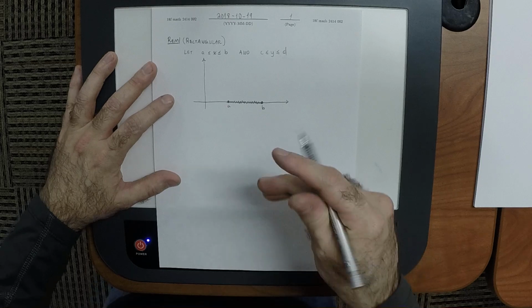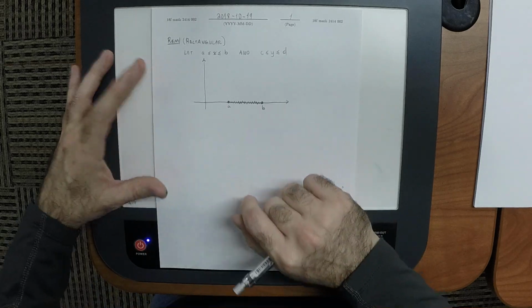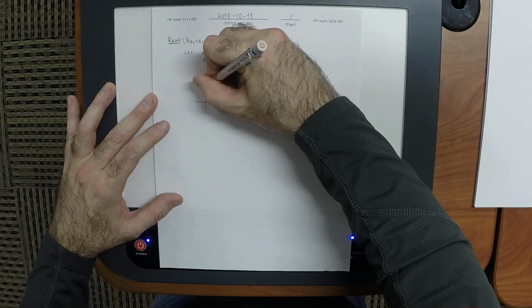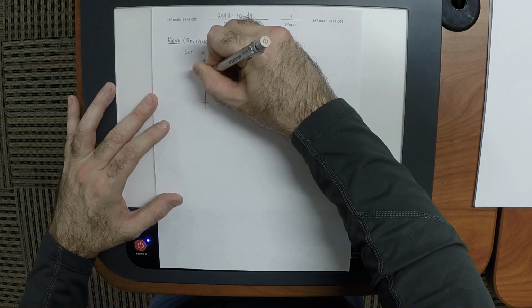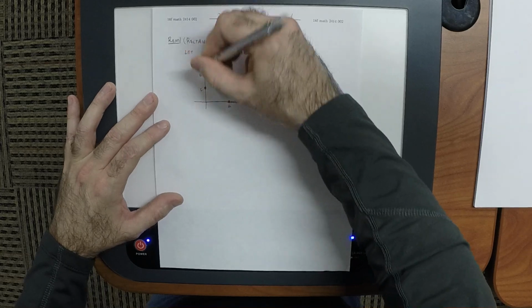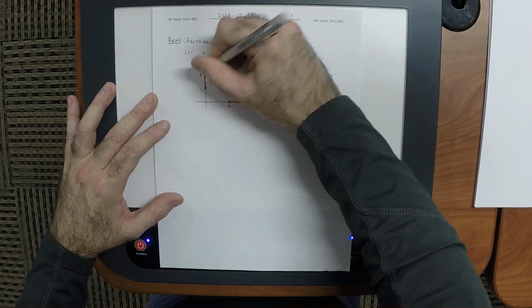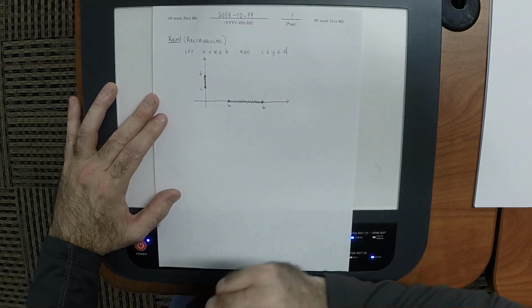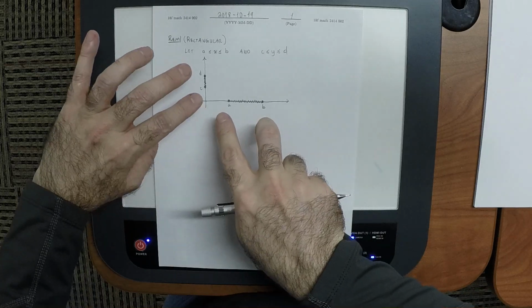And then ignoring the horizontal axis, looking at the vertical axis, maybe that's where y is c and where y is d. Okay, then that's how they are individually.